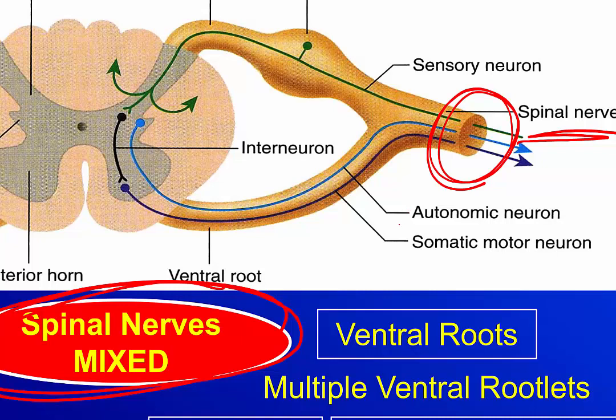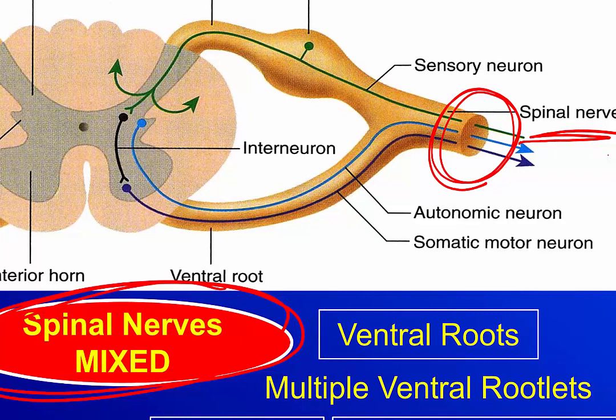This is my autonomic motor neuron. Remember, autonomic controls things that I am not aware of. It's automatic. I am not voluntarily controlling this, but it still is motor information. Let's say that my heart needs to speed up. This is the neuron that carries that information out to my heart. Let's say that I want my stomach to start moving. This is the neuron that carries that out. I do not control this because it is autonomic.